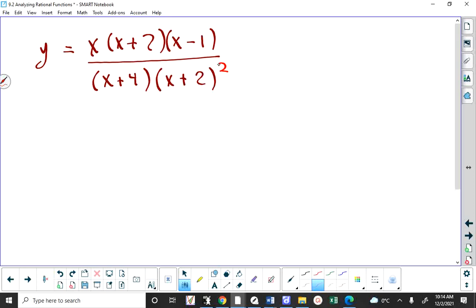What if it were over x plus 2 squared? What would happen is this would simplify after you do some canceling to x minus 1 over x plus 4, x plus 2. So you have a factor that cancels, but it's still in the denominator.